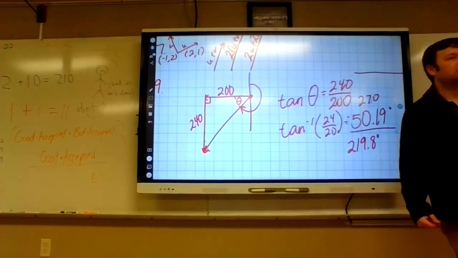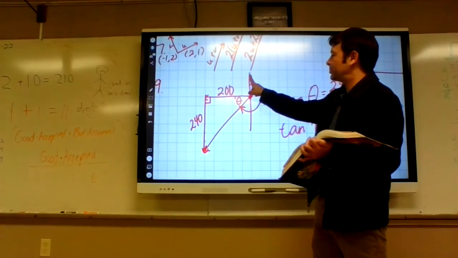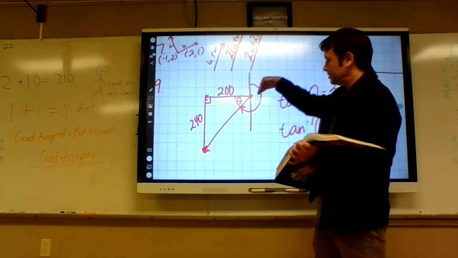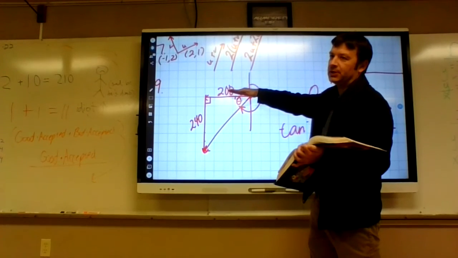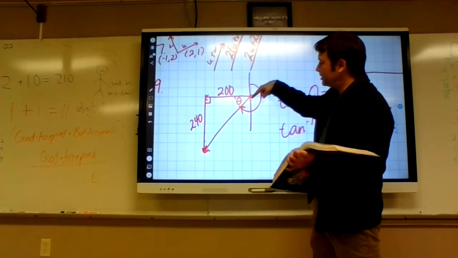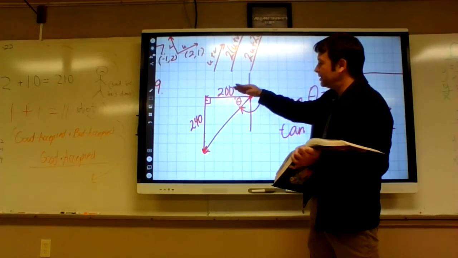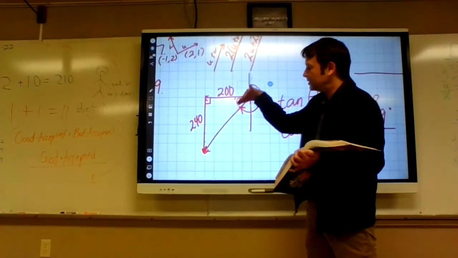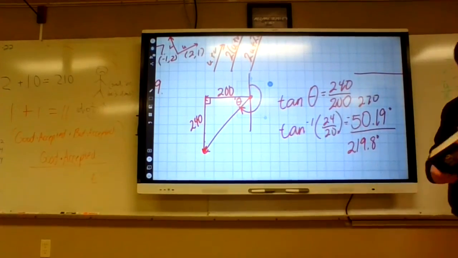Where'd we get 270 from? Remember, due north is 0 degrees, east is 90 degrees, south is 180, so that means west is 270. The direction would be 270 minus whatever theta angle we just found. That gives you the heading for the ship: 219.8.